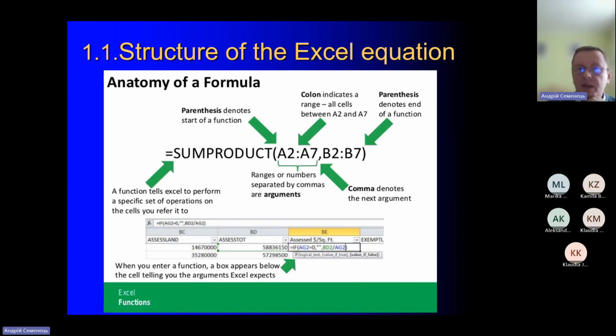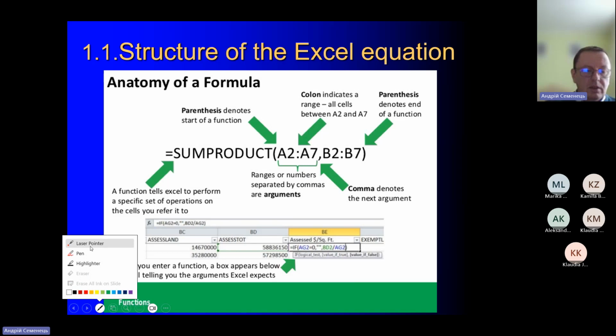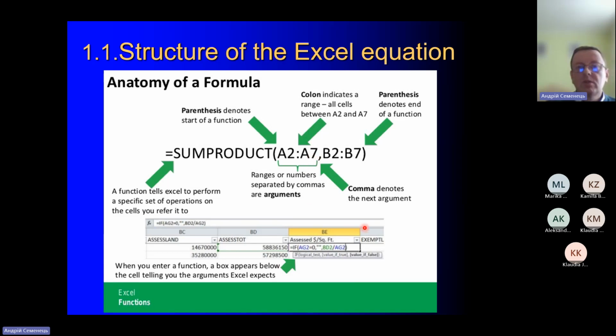Again, this has to be checked because, depending on national settings, the argument separator could be changed from comma to semicolon, depending on regional settings. So you have to be careful with these things. But in this case, as you can see, the function operates on two arguments, and each argument represents an array, so a range of cells from the starting point to the ending point.